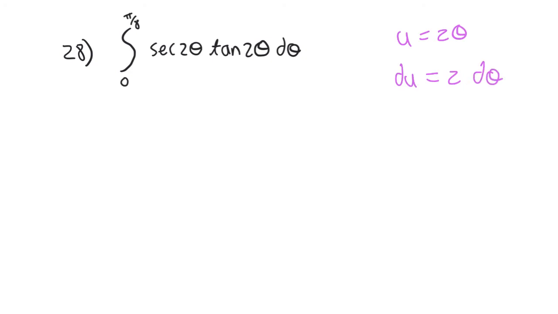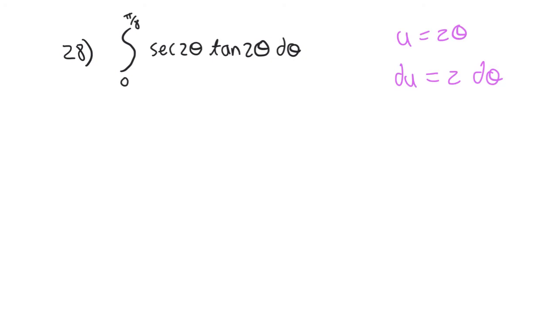Now, in case my student at home is wondering, what? D theta? Just recognize that if u was equal to 2x, wouldn't du be 2 dx? It would, right? It's just that instead of x, we're using theta.